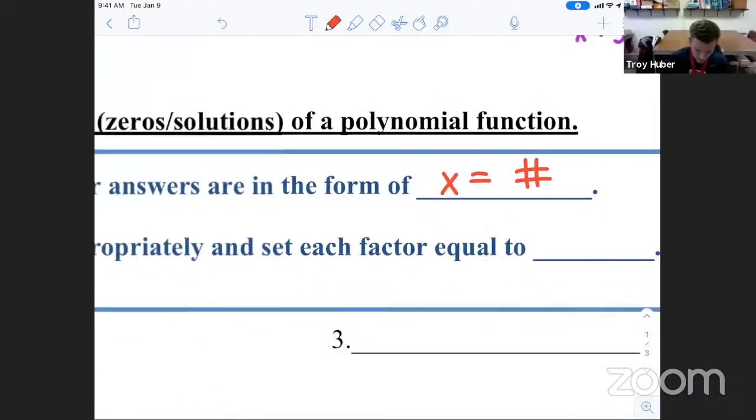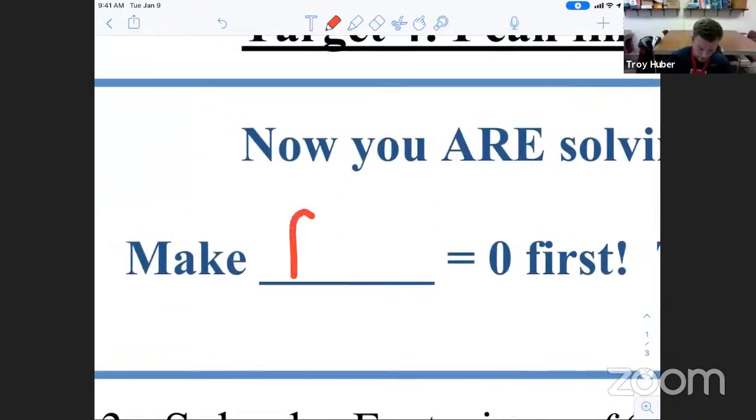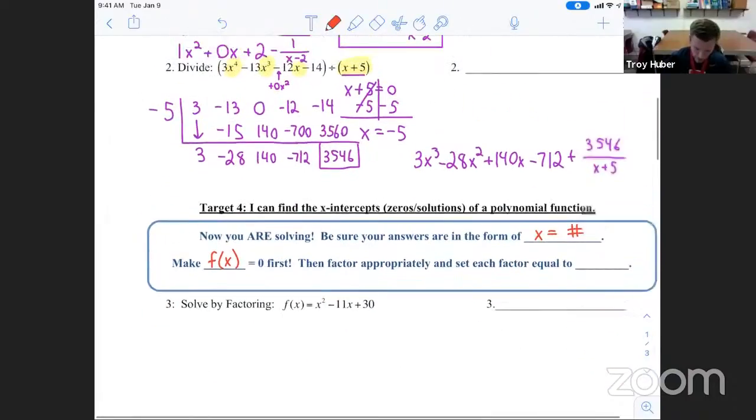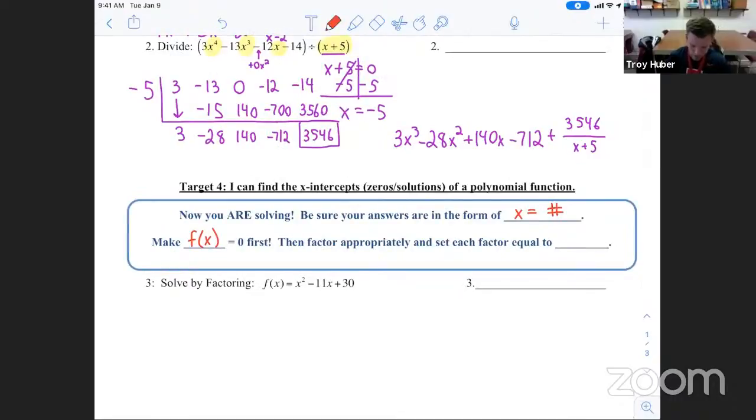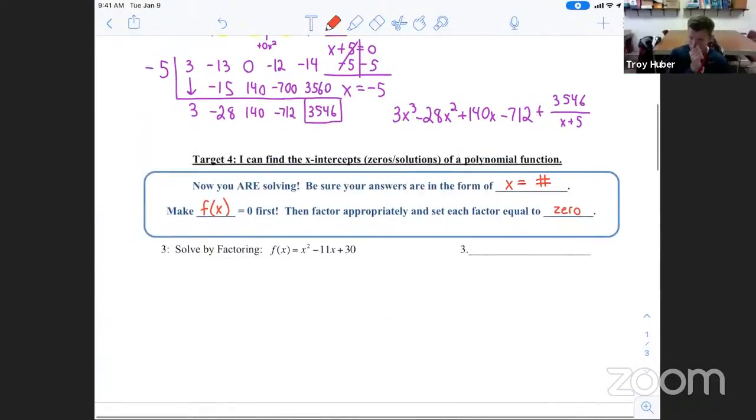All right. So the first thing we're going to do, we're going to make f of x equal to 0. And then we are going to factor appropriately and set each factor equal to 0. All right, but what does that look like?